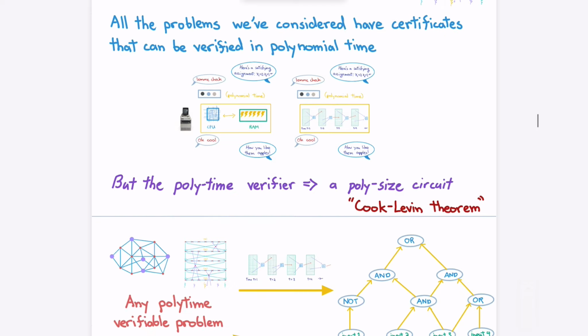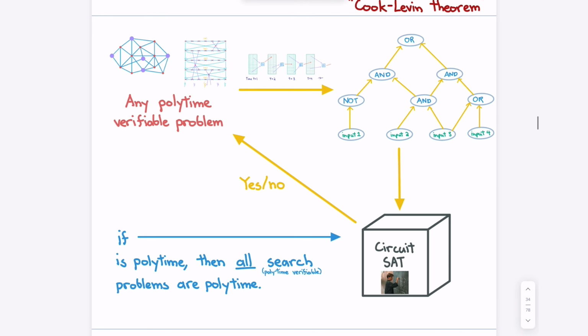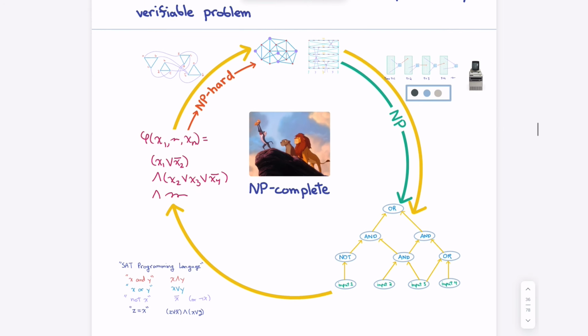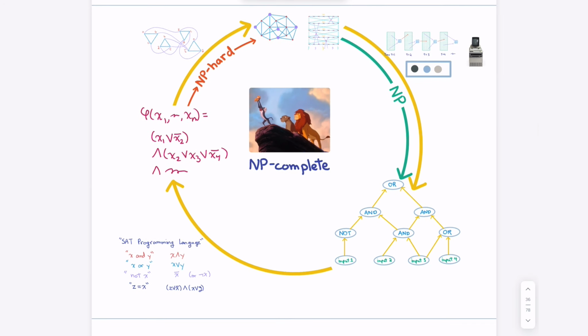So that's the high level idea. Anything that can be verified in polynomial time can be solved by a circuit. So if you can figure out if circuits are satisfiable, you can solve anything where an algorithm can check that an answer is correct efficiently. So you put that all together, and the first question is, here's a problem.